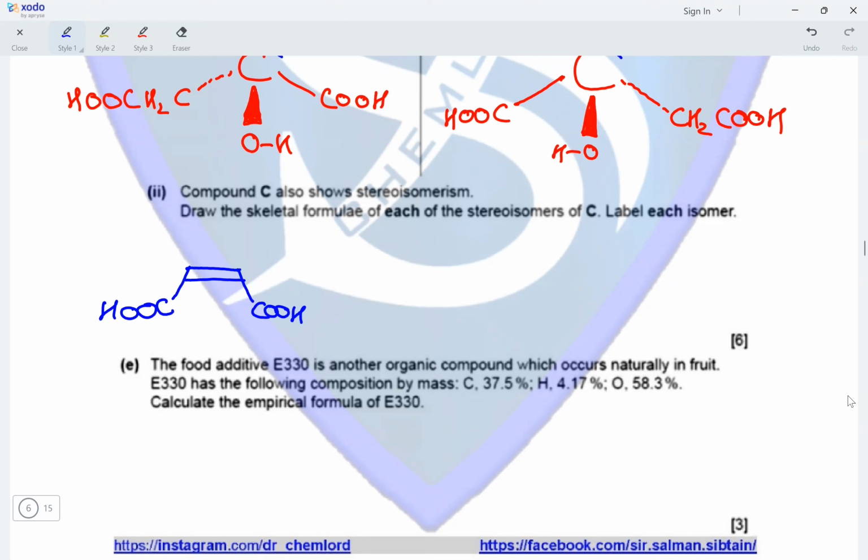This would be one of the stereoisomers, which is the cis isomer of compound C, and in order to make the trans isomer, we have one of the COOH groups placed on the opposite side. So COOH here and COOH here. This is the trans isomer of compound C. And label each isomer. So we have labeled them cis and trans.